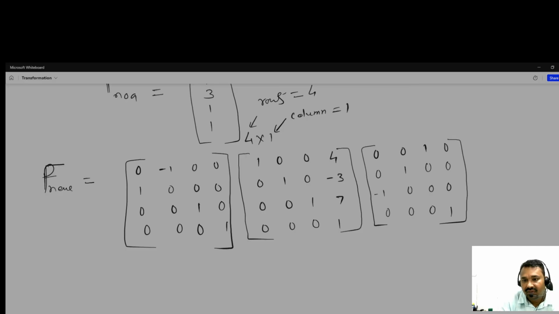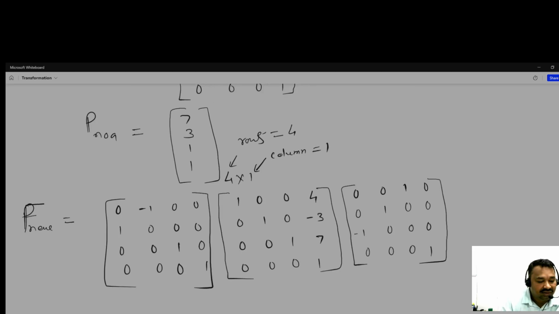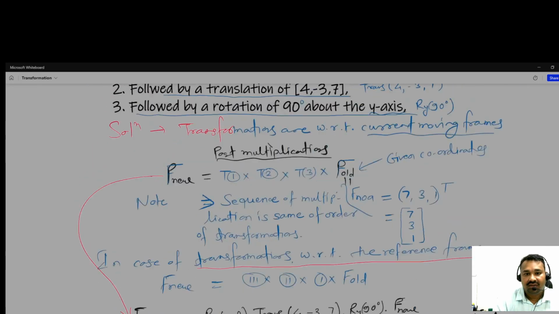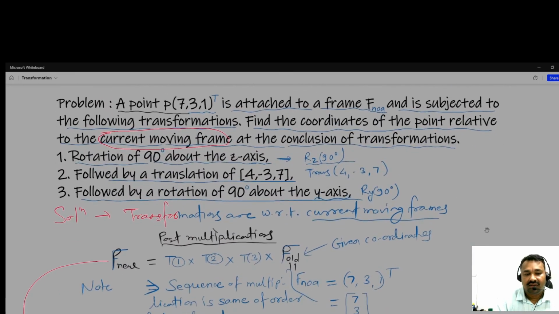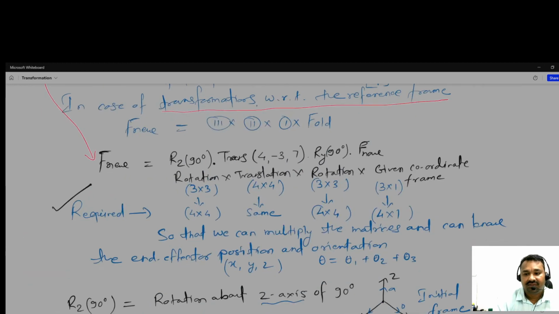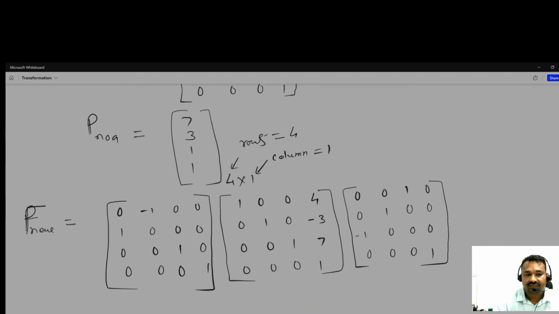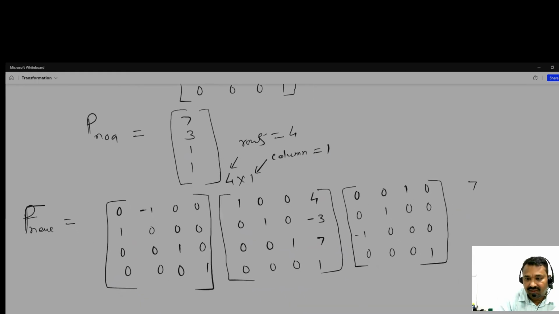Then we have to write the given coordinate. The given coordinate is here 7 3 1. Once again confirm it, 7 3 1, from here we can see 7 3 1 1 here.